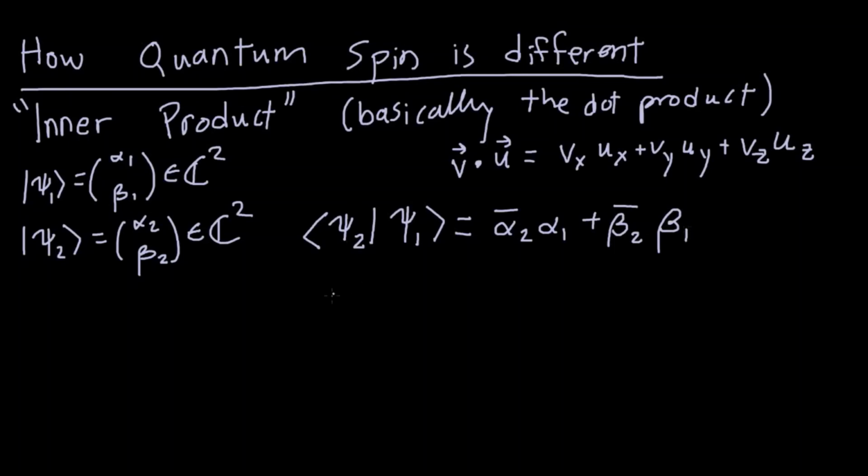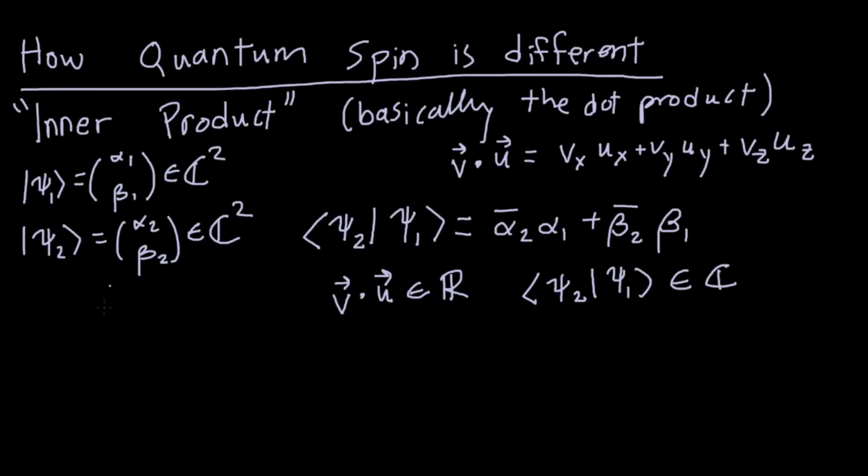Now, just as v dot u was a single real number, the inner product of psi2 and psi1 is a single complex number.